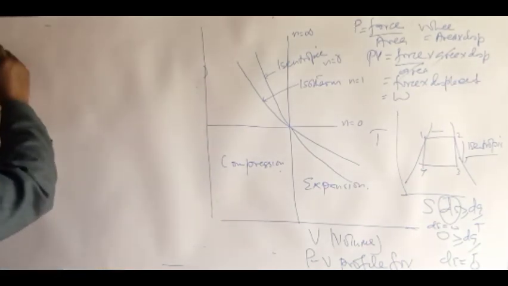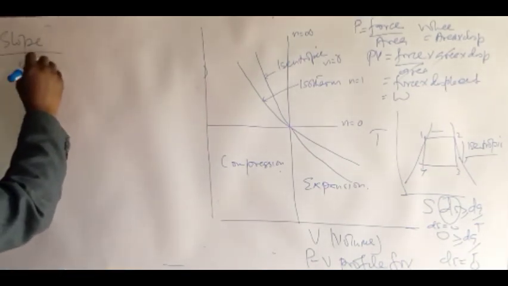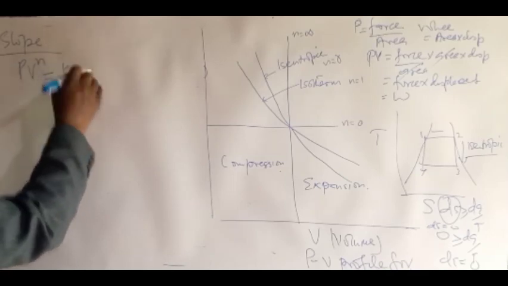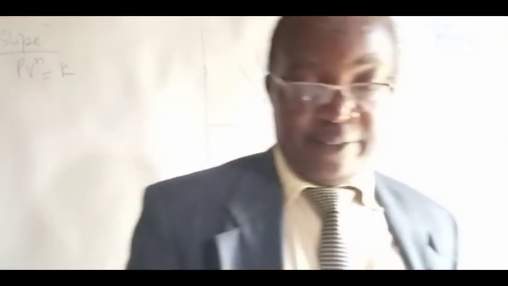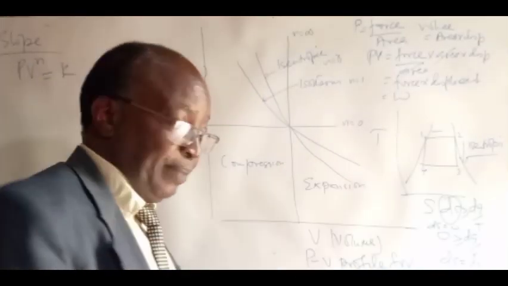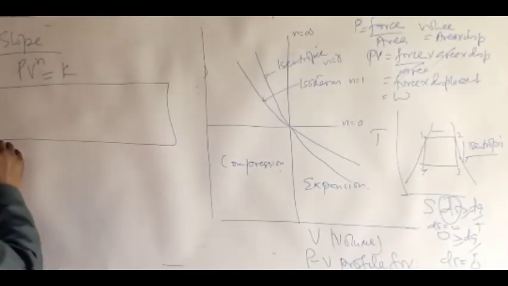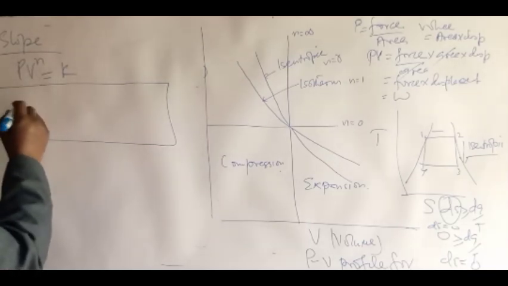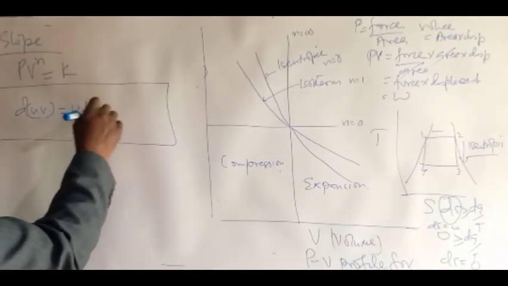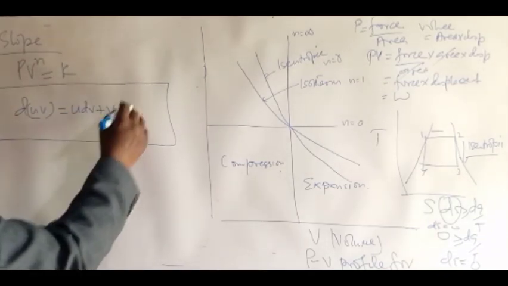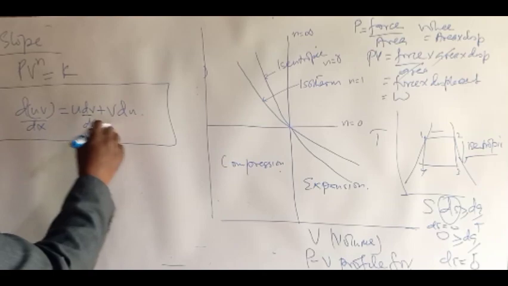Let's look at the slope. We have PV^n is equal to a constant. So the first thing is we just take the derivative, because the slope is basically a derivative. So just use the identity for the product, that is the derivative of uv is u dv plus v du.